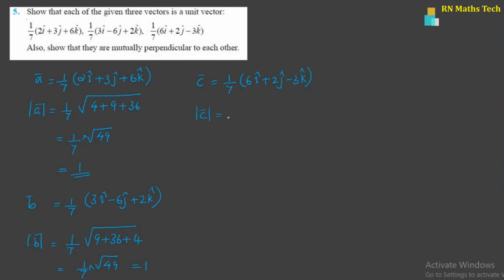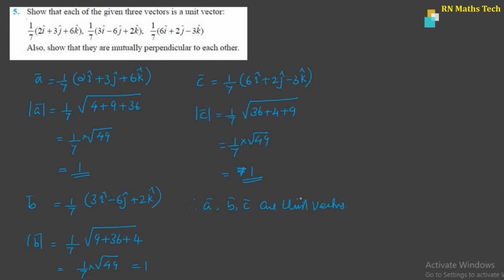Modulus of c bar equal to 1 by 7 root of 36 plus 4 plus 9, 1 by 7 into root of 49, which is 1. So therefore a bar, b bar, c bar are unit vectors. So the first part is over.